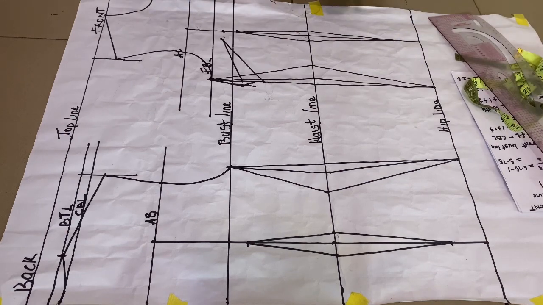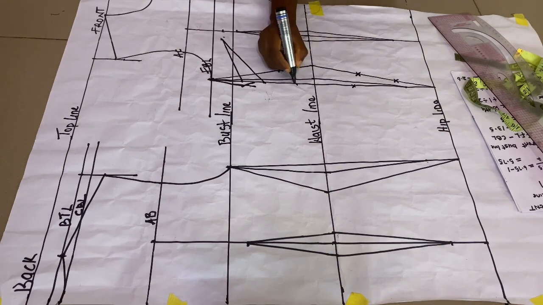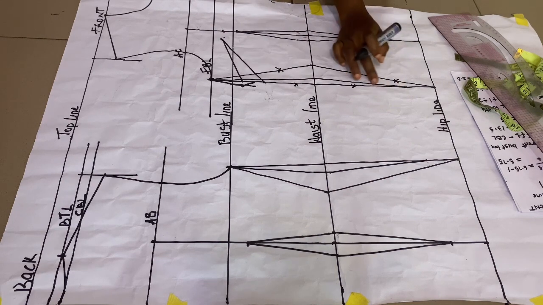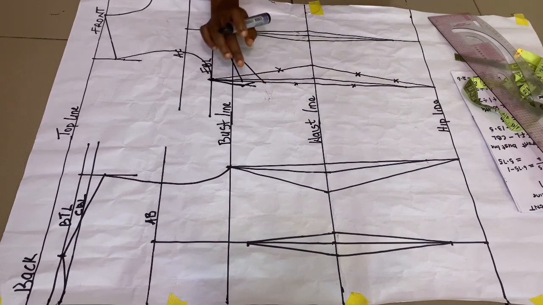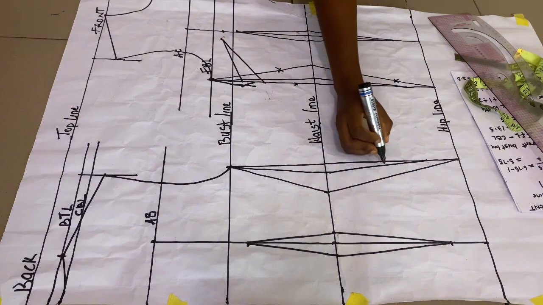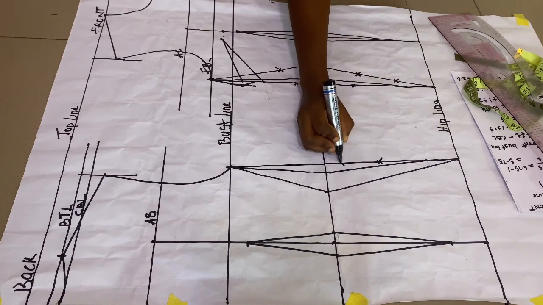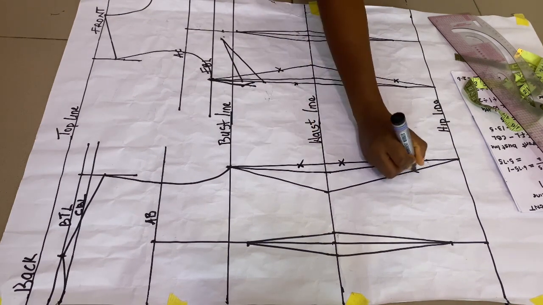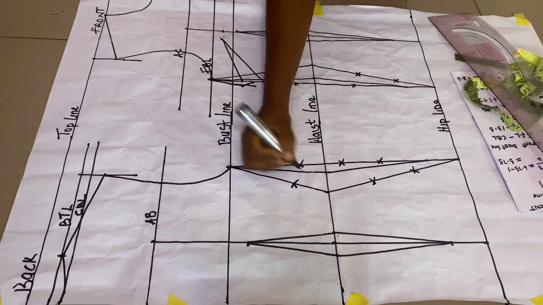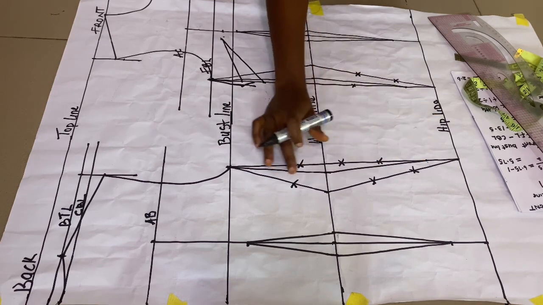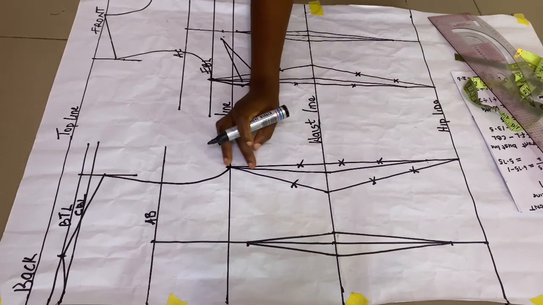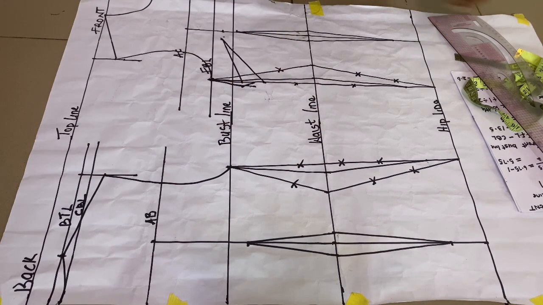Some important things to note is that this first line we drew, we will no longer be using it, and this straight line also we will no longer be using. This line here becomes the new side seam. Also for the back, we'll no longer be using this straight line here, and we'll no longer use this line here. This new line we drew will be the new side seam.